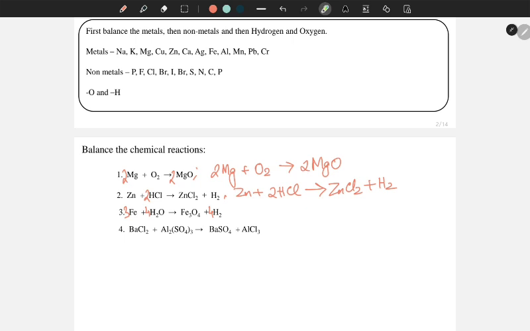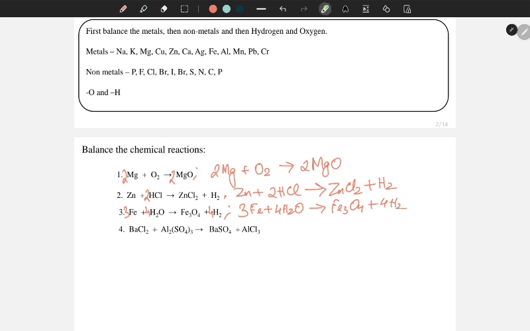Now let's see if it is balanced. 3 iron, 4 oxygen, then 4 into 2 is 8 hydrogen. So now it is a balanced chemical equation. I will write this: 3 iron plus 4 water gives ferric oxide plus hydrogen.